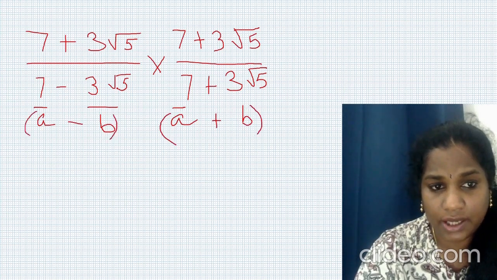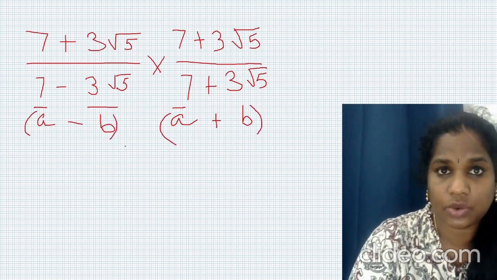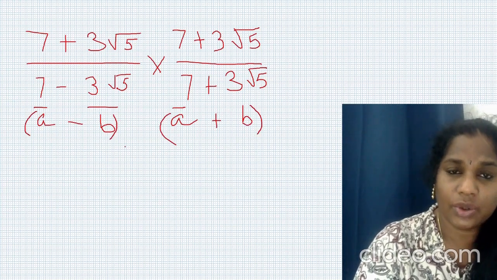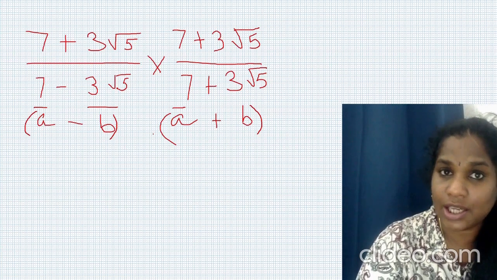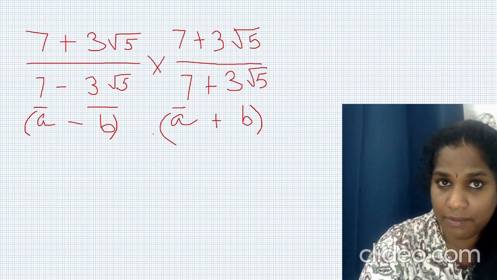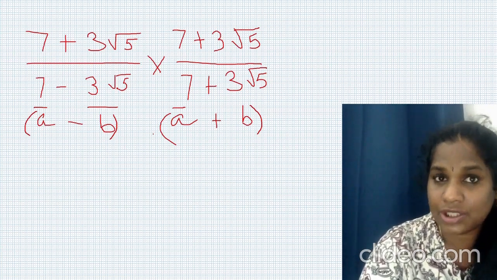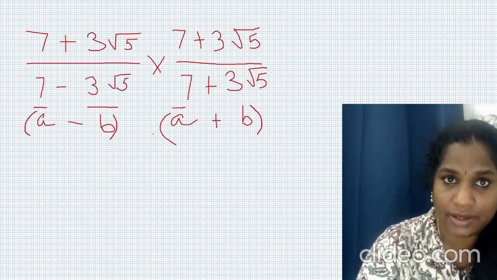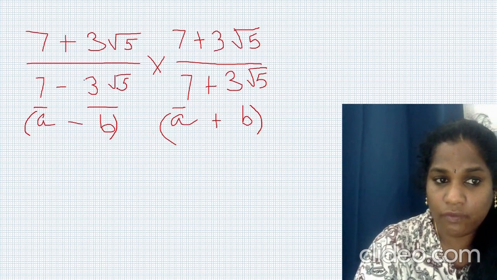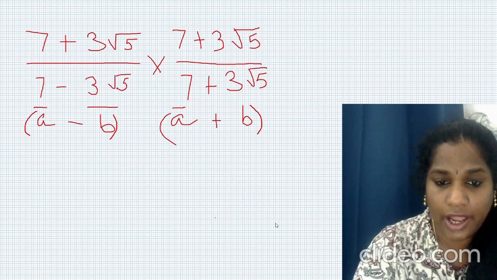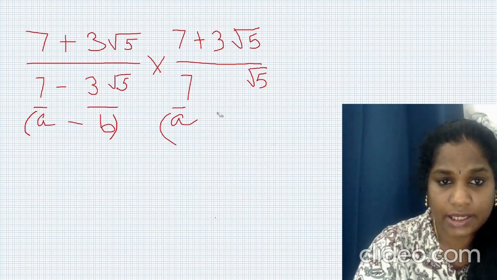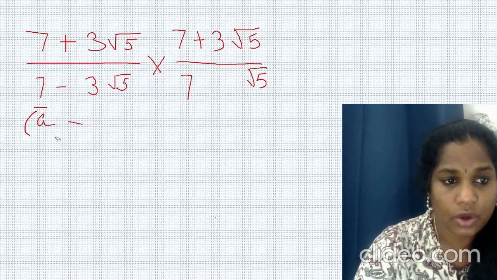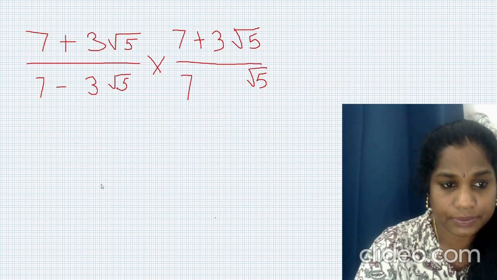So it will be A minus B into A plus B. Do you remember an identity which has the same solution, A plus B into A minus B? Yeah, what is it? A square minus B square. Exactly. So let us see how it is going to help you. A square minus B square. How is it going to be of help here?